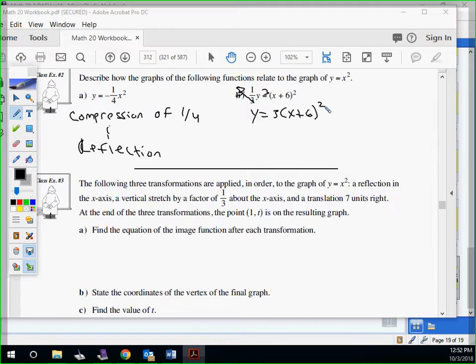So what are my movements? Left 6. Not up 3. Expansion 3. Up 3 would be over here, plus. But good. Like I said, that's how we learn. Expansion's 3. It's an expansion because 3 is bigger than 1. So it's getting steeper.